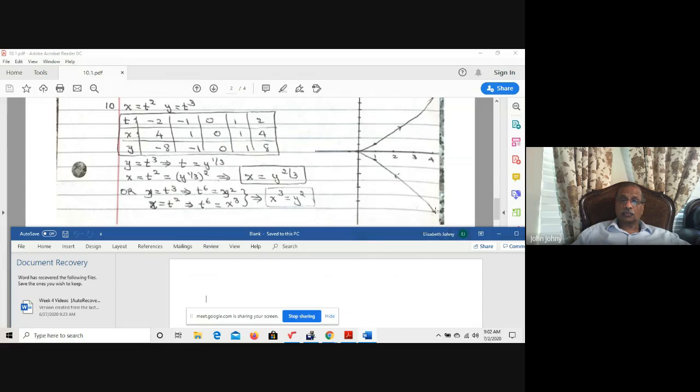Then x is 1, y is negative 1, x is equal to 0, y is 0, again x is 1, y is 1, x is 4, y is 8. So direction is from this point, and this is the direction. As t increases, the graph goes in that direction.